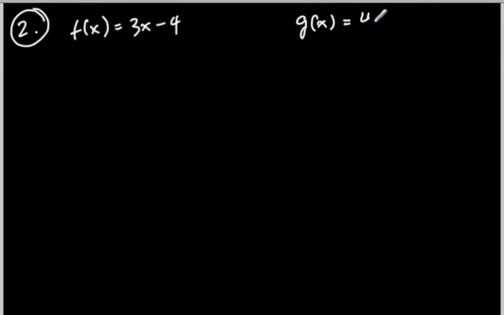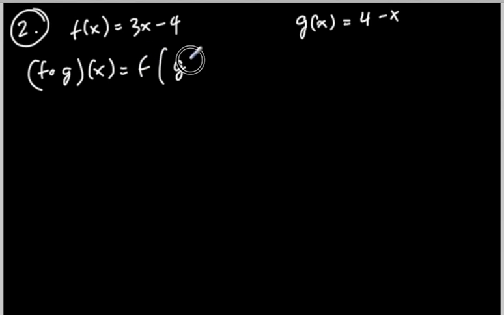Let's go on to number 2. Number 2 is f of x is equal to 3x minus 4, and g of x is 4 minus x. So if I want f of g, I take the argument g, so this is f of 4 minus x, because that's what g is.